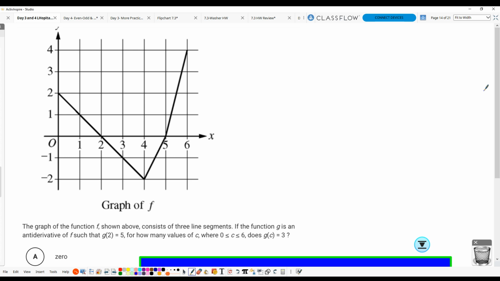G is the antiderivative of F. Antiderivative means integral of F.